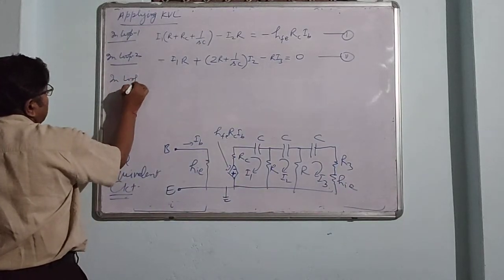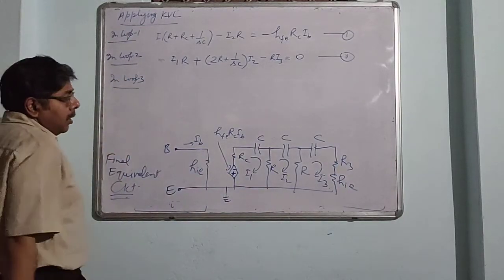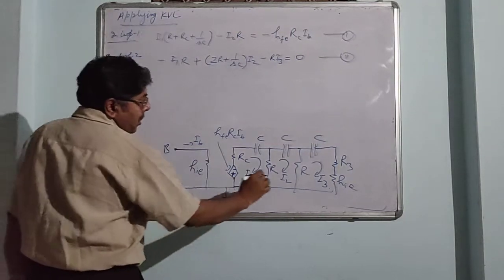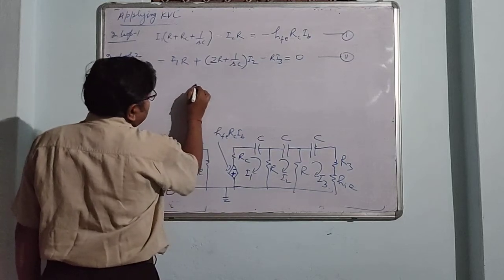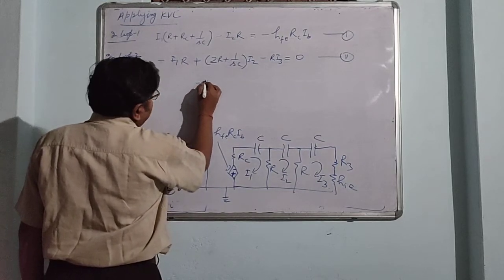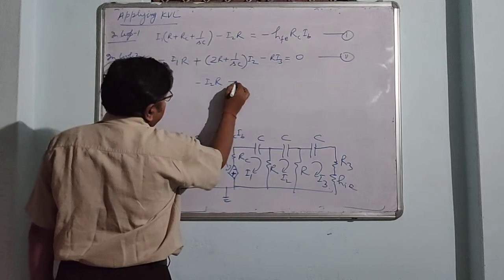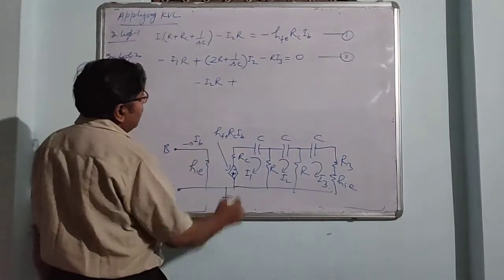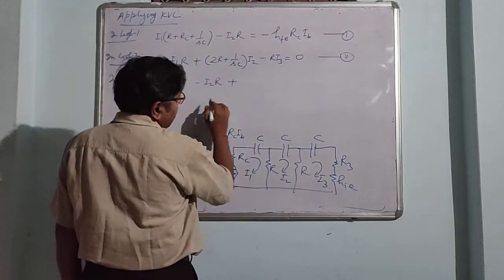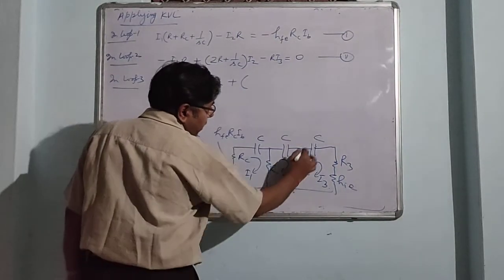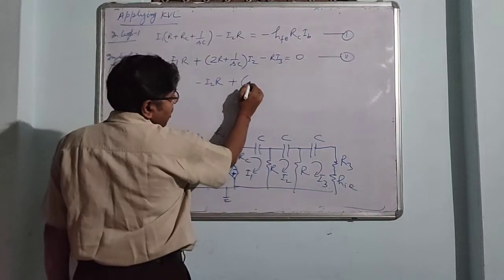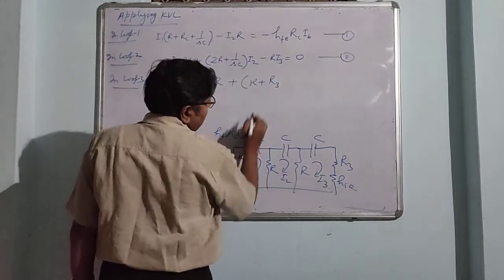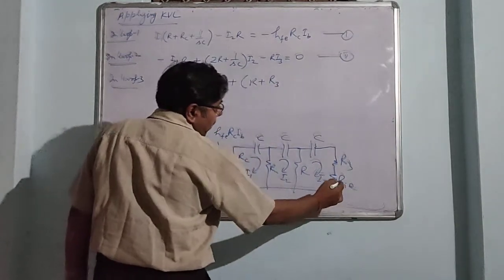And for the third loop, in loop 3, apply KVL. So this is minus I2 R plus, combination of all this current, total impedance in this third loop is R plus R3. You can select R3 plus HI.